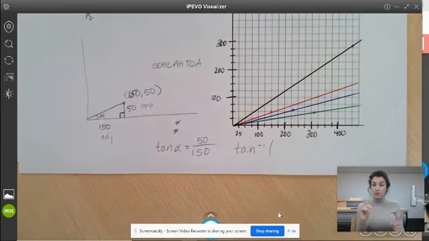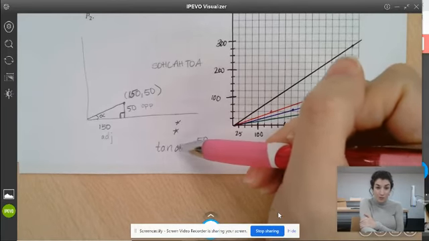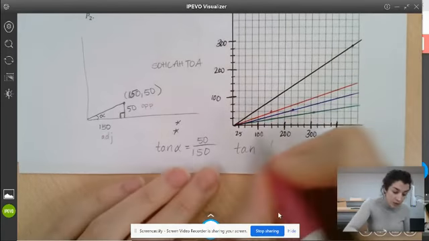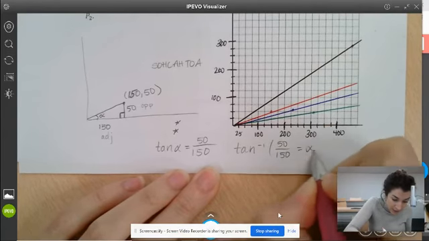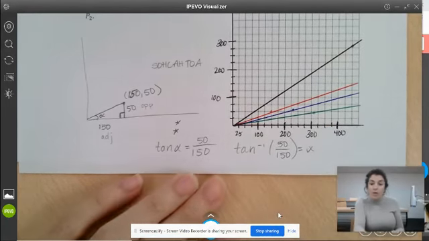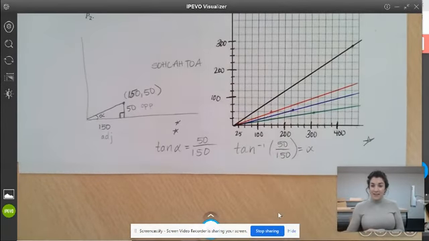Remember that your inverse trig flips your inputs and your outputs. What was your output now becomes your input, and what was your input now becomes the output. So it's tan to the -1 of 50 over 150, and that gives you alpha. Or you could use your numerical solve. Go ahead and tell me what the answer is.